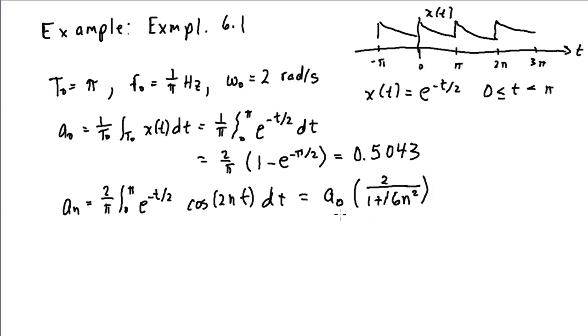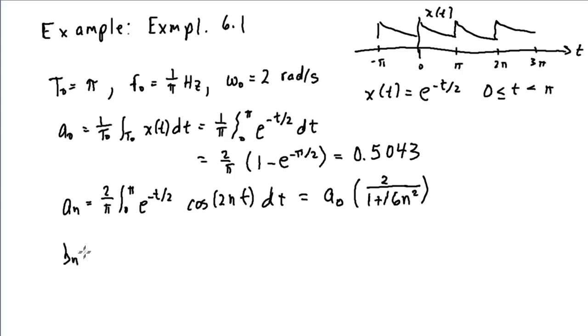One thing to notice here is that as n increases, my an terms get smaller and smaller. Which means that the amplitudes of those corresponding sinusoidal components are going to get smaller and smaller and contribute less and less to x of t at the higher harmonic frequencies, because they will have smaller amplitudes.